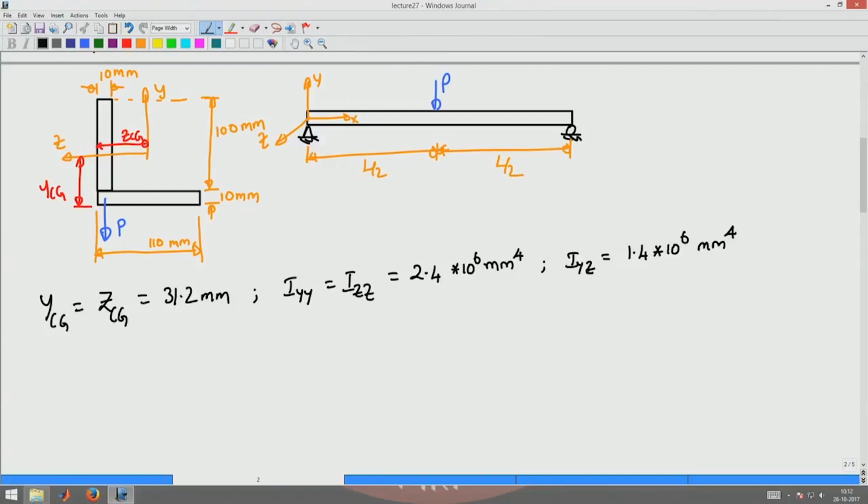So basically these are the section properties of the cross section.